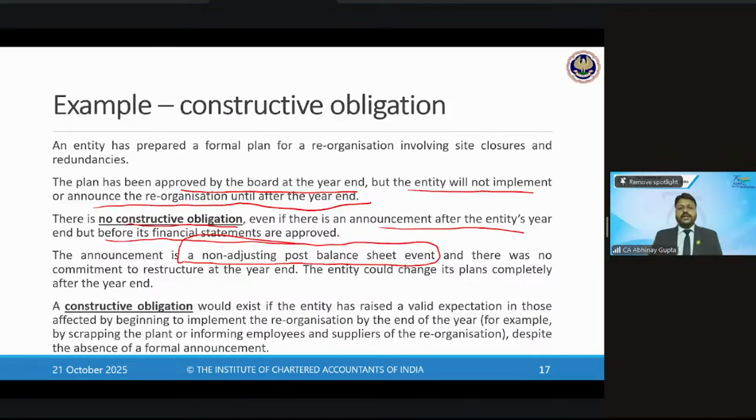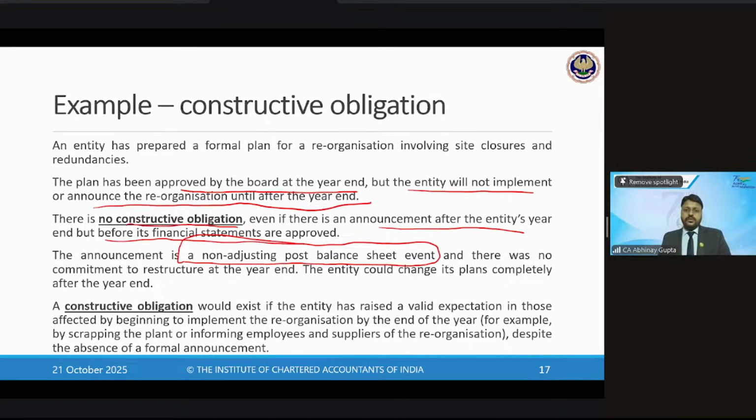And what are the adjusting events? Adjusting events are those events for which conditions existed as on the balance sheet date, right? So conditions were there on the 31st March, but they are confirmed after the year end but before the approval, right? But conditions were there.